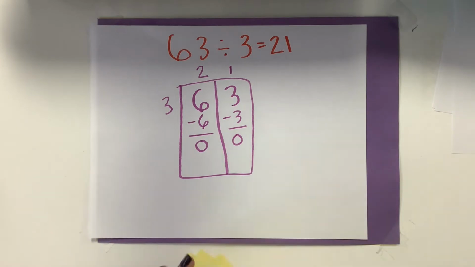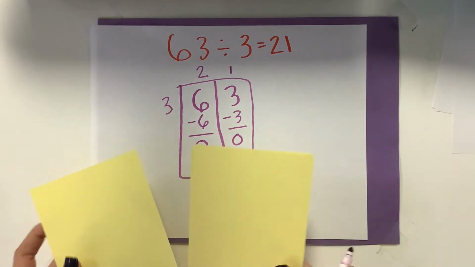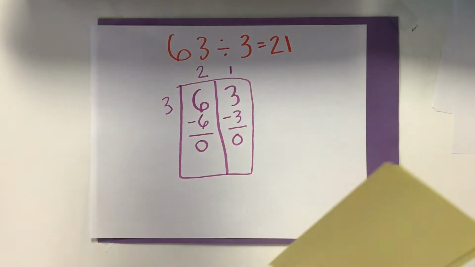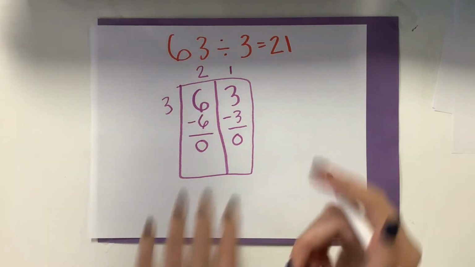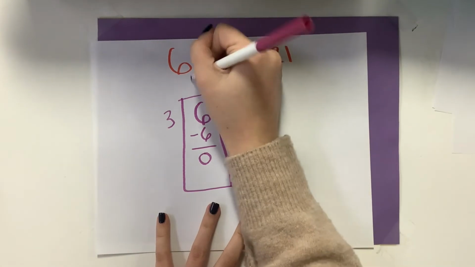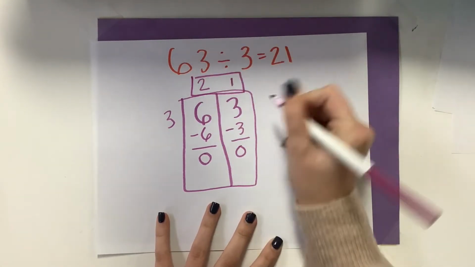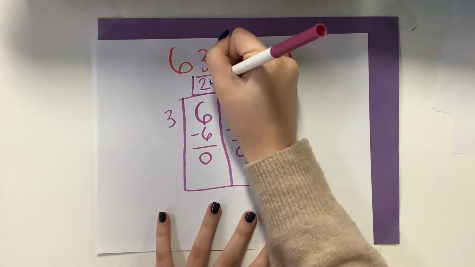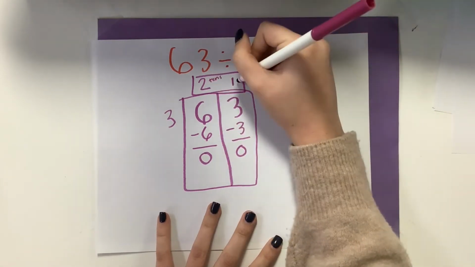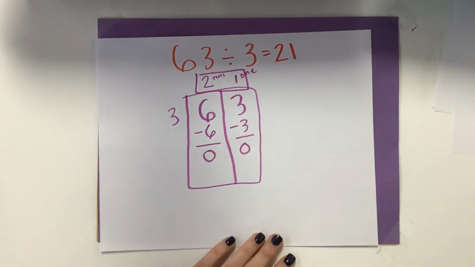So I did not have any remainders. All 3 of my cards got the same amount of blocks. And I know that they each got 21. So each card had 2 10s and 1 1.